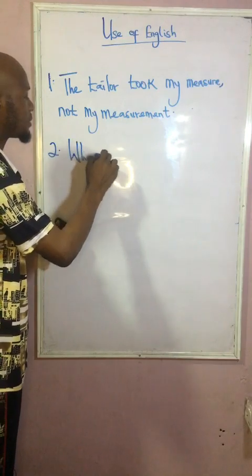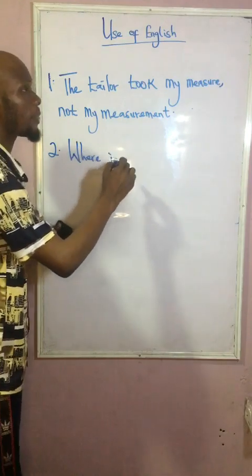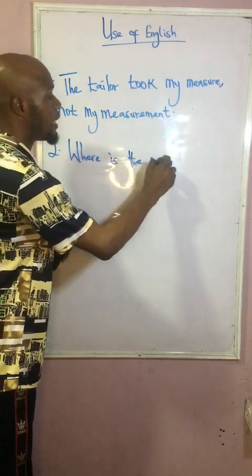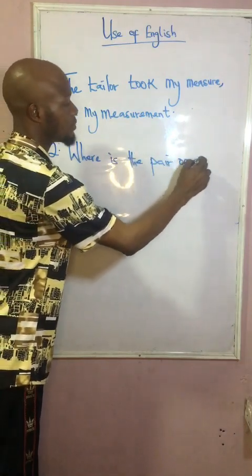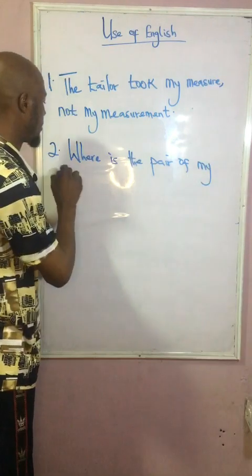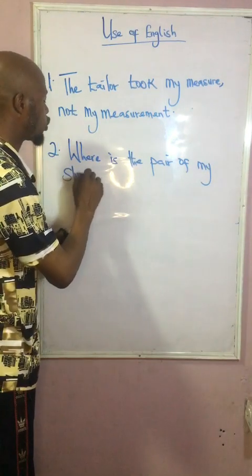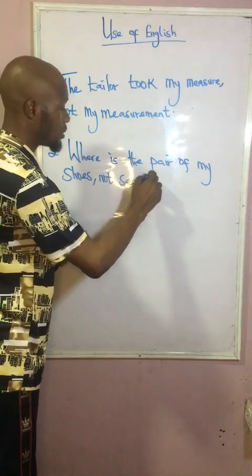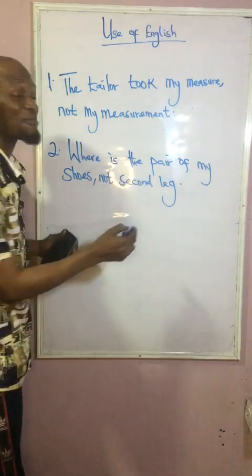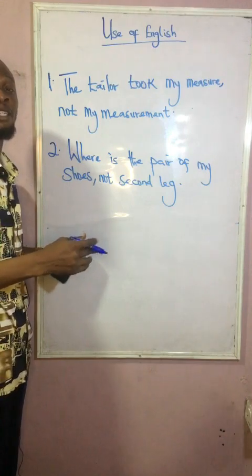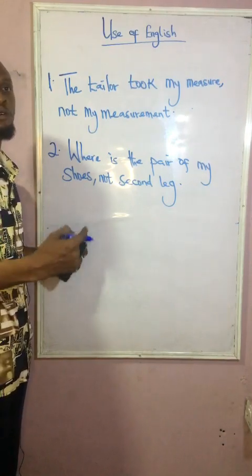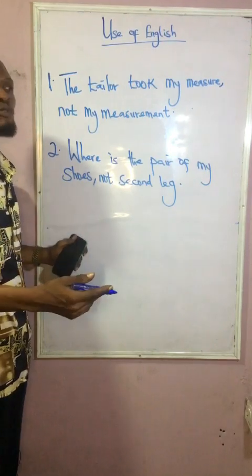Number 2. Where is the pair of my shoes, not second leg. This expression on the whiteboard is common among students, secondary school, primary school, nursery school.